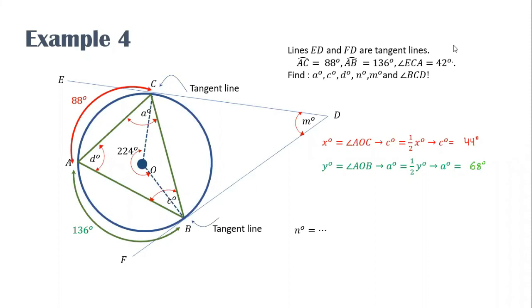So how about arc BC? Okay, we go to the next answer. c degrees equals angle COB and d degrees is the angle at circumference. This one is z degrees, arc angle COB.